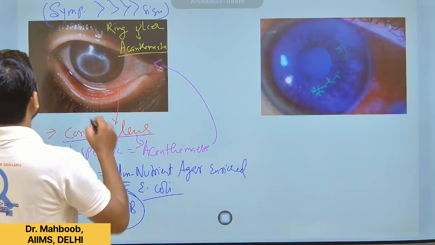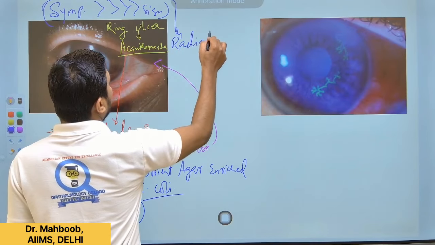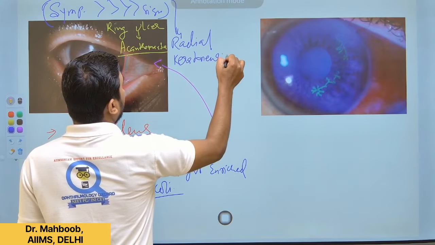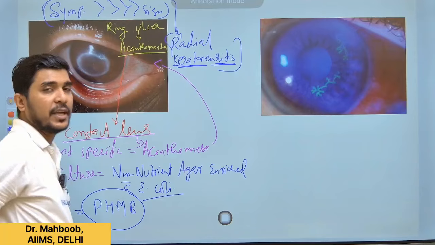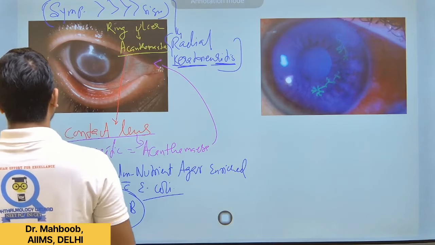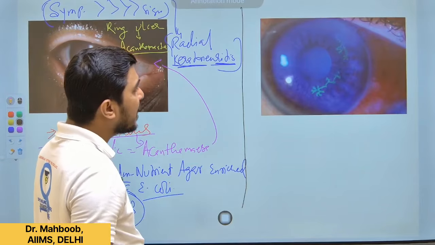It is because of radial keratoneuritis, means there is corneal nerve involvement. That's why. Okay, so this is about acanthamoeba.